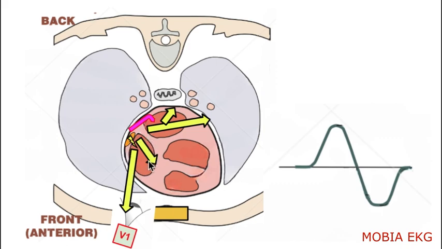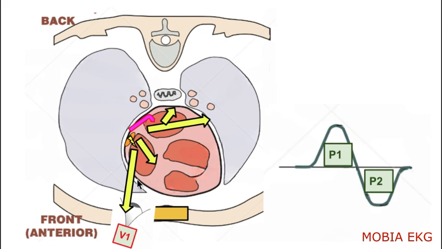Depolarization of the right atrium causes the P1 component of the P wave, and depolarization of the left atrium causes the P2 component of the P wave.